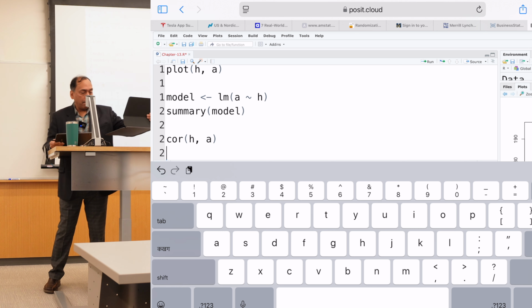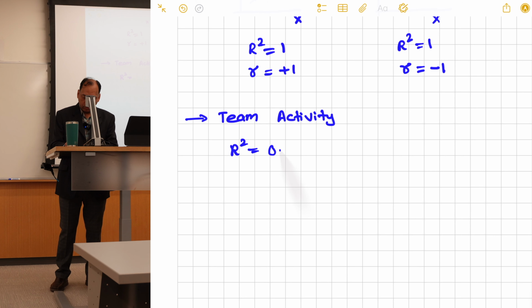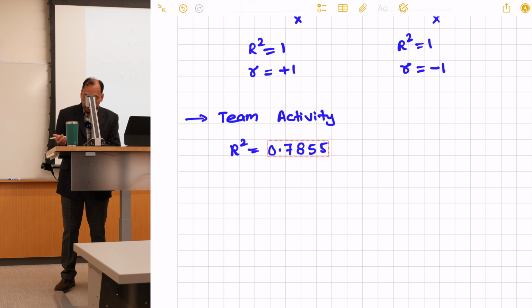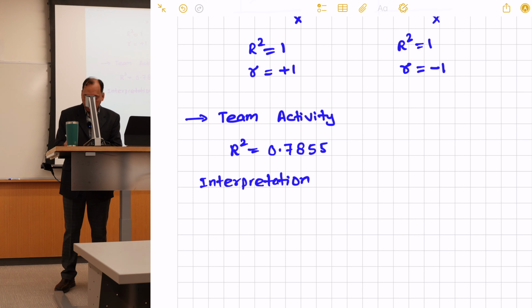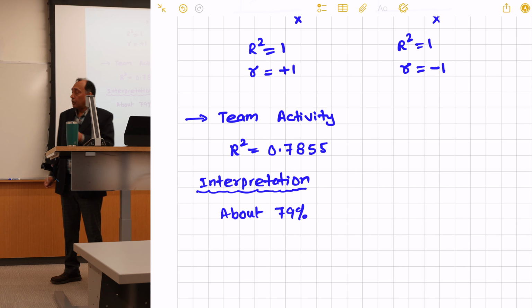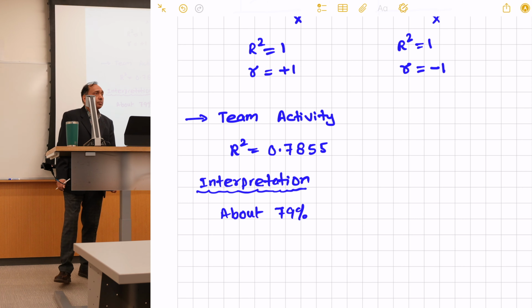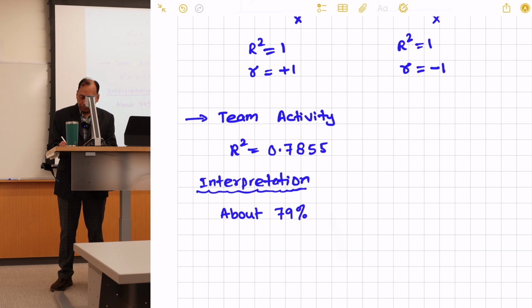For this data, we can write down. So what is the interpretation of this? What does it mean? So I'm rounding this to about 79%.